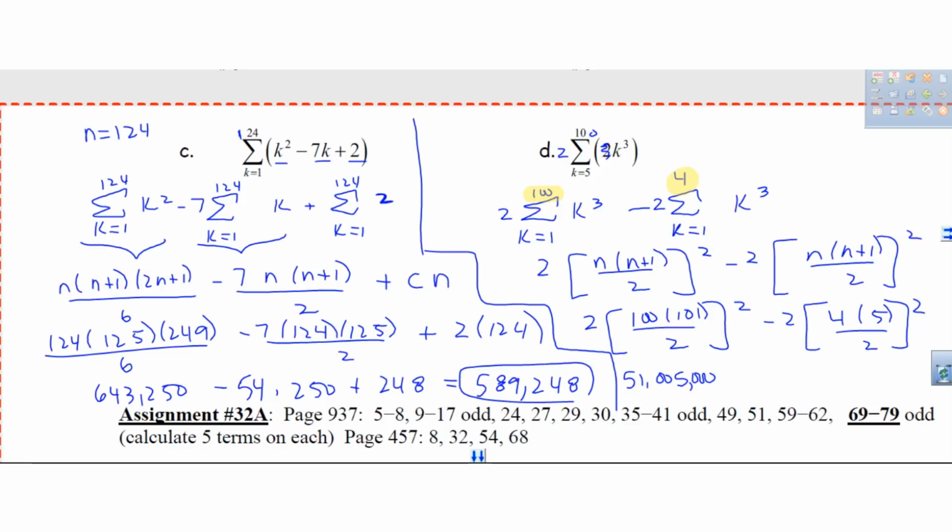Square it, you get 100 times 2 is a negative 200. Now just figure out what that is. So 51,005,000 minus 200 is 51,004,800. 51 million is your answer. Okay? That's it.